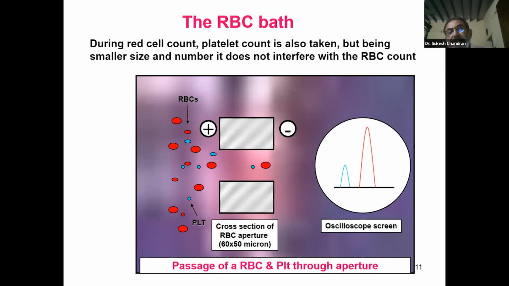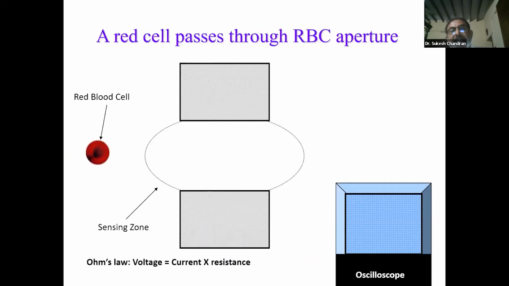So this is the principle on the basis of the aperture: in the red cell chamber, you're counting the red cells and platelets. Of course, after they are diluted, in each red cell chamber, 30,000 red cells are counted before the dilution factor is added in, and around 10,000 platelets are counted before the dilution factor is added in. So every time a red cell passes through the chamber, it releases a pulse. Now, interestingly, the size of the pulse is directly proportional to the size of the cell.